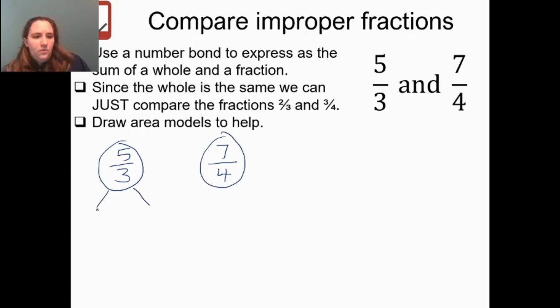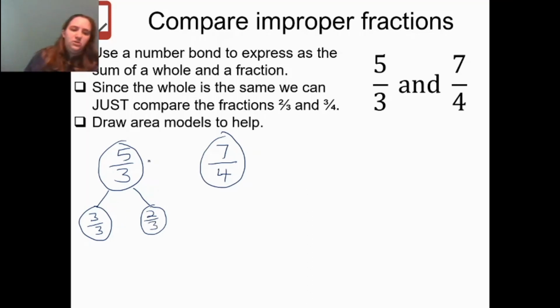So we have one whole, we have 3 thirds, and then we also have 2 thirds left over, because we know that 2 plus 3 will give us 5. So we have 1 whole right here, and then our parts has 2 thirds.